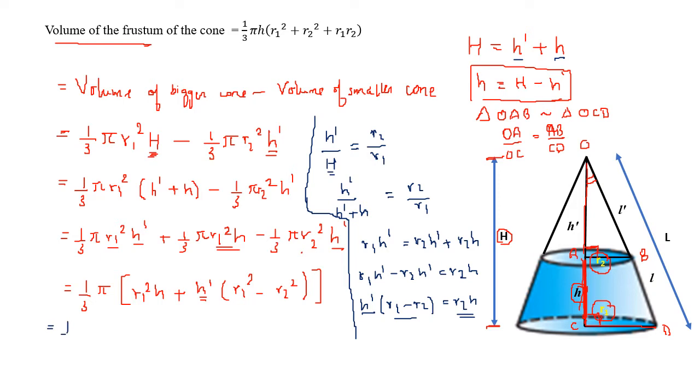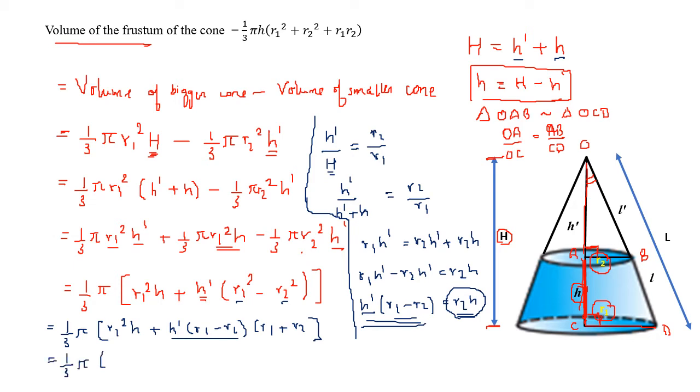So what I will do here is I will write 1 by 3 pi bracket R1 square H plus, I will keep the H prime as it is, and for A square minus B square I will write R1 minus R2 into R1 plus R2. Now see, this H prime into R1 minus R2 is what? I can put this R2 H instead of H prime into R1 minus R2. So I get 1 by 3 pi R1 square H plus R2 H into bracket R1 plus R2.